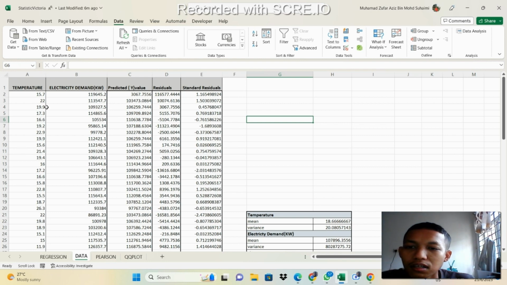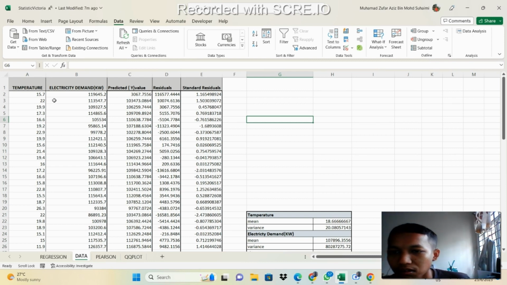We must obtain two kinds of data: the first one is the independent, and the second one is the dependent. The independent variable affects the dependent variable, because when the independent variable gives different values, such as, in our case, temperature. When the temperature goes high, the electricity demand becomes less compared to when the temperature goes lower.